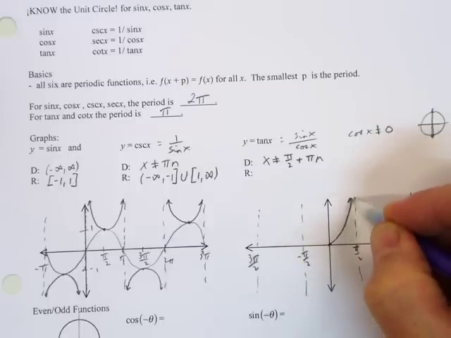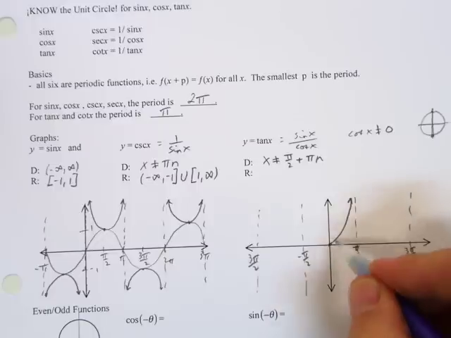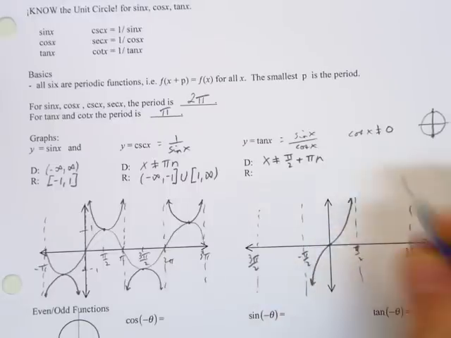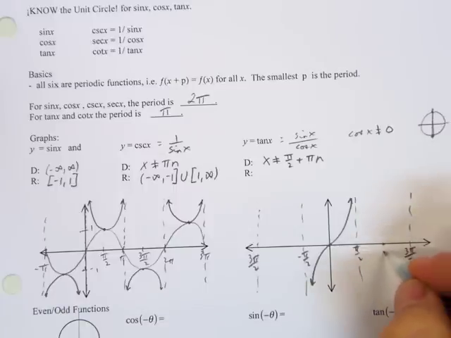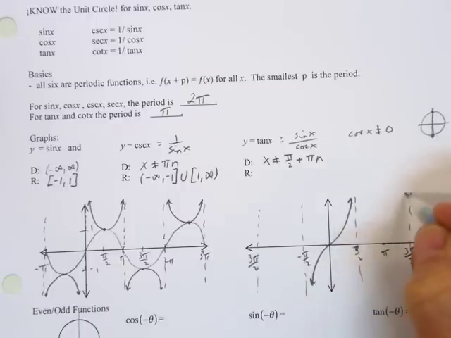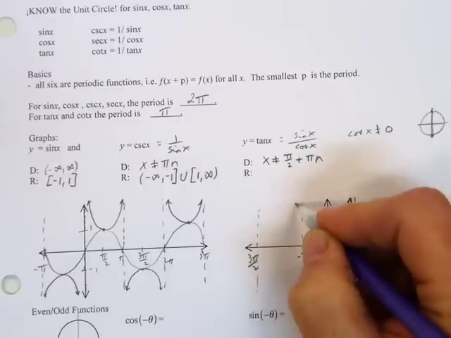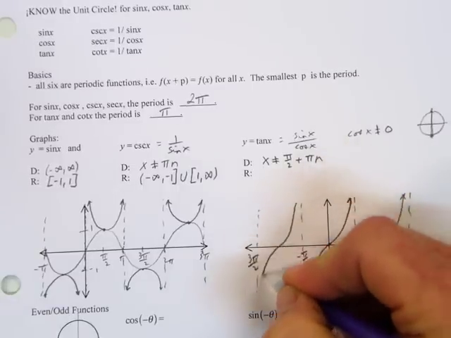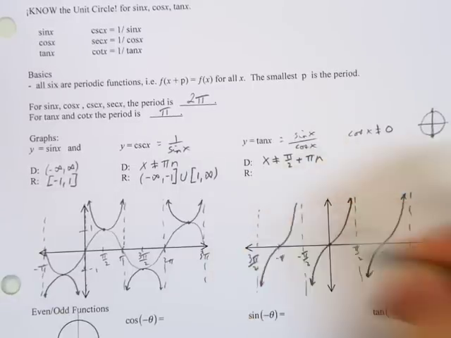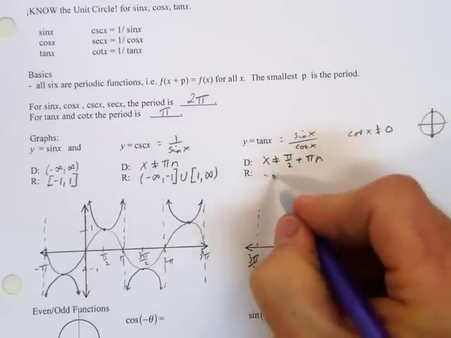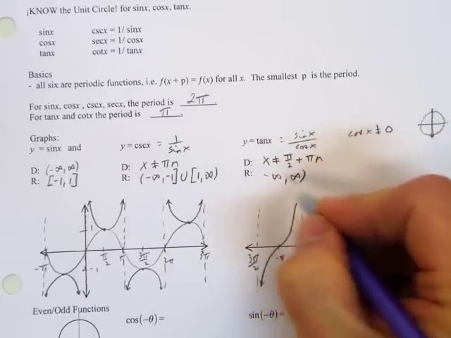Now, I'm not starting off as if you didn't know anything, so you know it's going to have these kind of shapes, and once you have the first piece, you know every other piece is going to be similar to that. So this will be pi, since it is periodic, and this would be negative pi. And our range on this would be negative infinity to infinity.